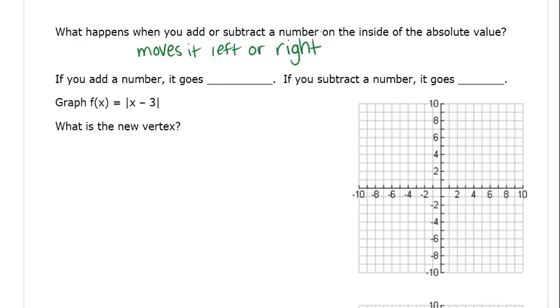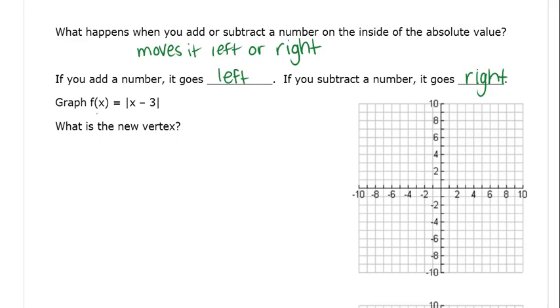On the inside, if we add a number, it's really going to the left, and if we subtract a number, it's really going to the right. So you have to remember that on the outside, it's normal. It does what you think it will do. But on the inside, it's opposite of what you would normally think. If we add a number, it goes left. If we subtract a number, it goes right.